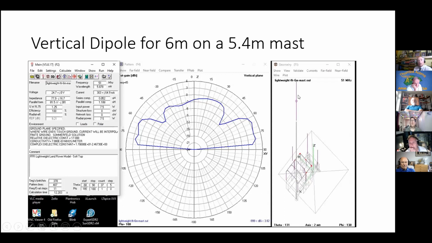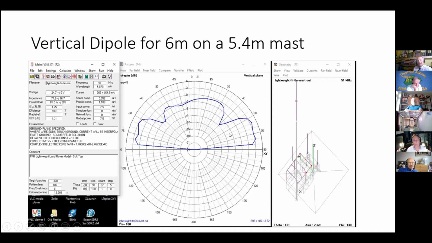And what we see with this antenna is that being a vertical dipole, it has quite good low angle radiation, so it's still delivering 0 dBi to 2 dBi right down to about 5 degrees above the horizon. But it doesn't have anything like a dipole pattern. There is effectively nothing below horizon because of ground reflections.